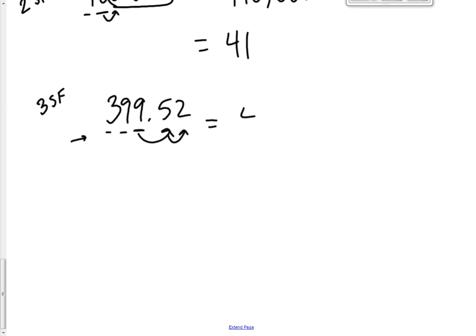So our answer is 400. But we need 3 significant digits. So how do we get to 3 significant digits? Well, the easiest thing to do is to put a decimal there. That way those zeros are now significant. So make sure that you're always starting on the left when you're rounding, and make sure that you're keeping your numbers in the appropriate placeholders. So if the number is in the hundreds place, you want to keep it in the hundreds place. Okay, that's rounding significant digits.